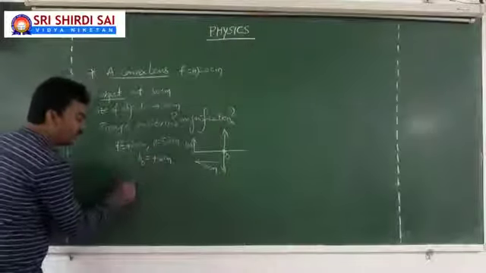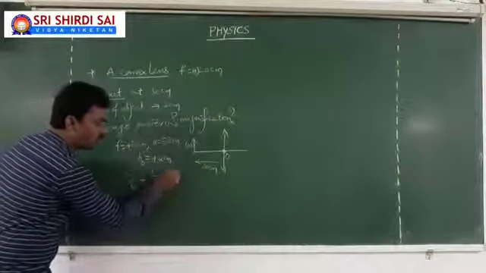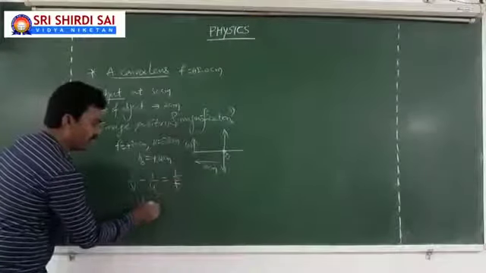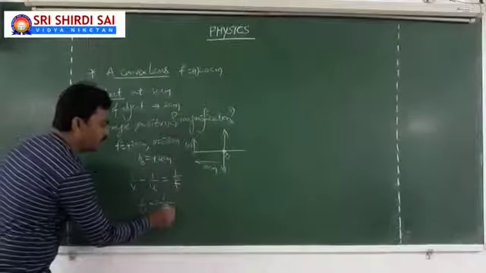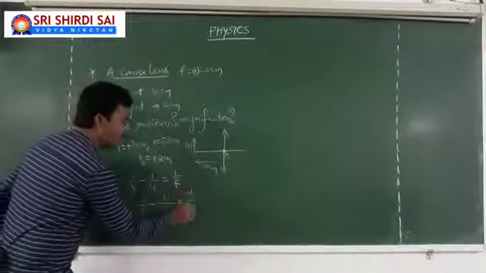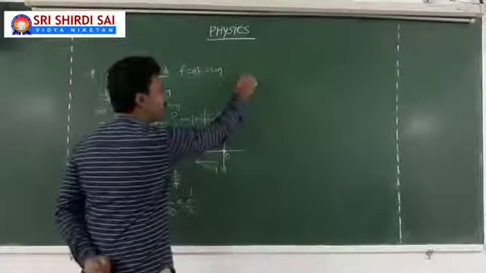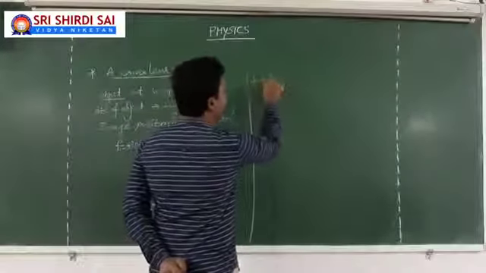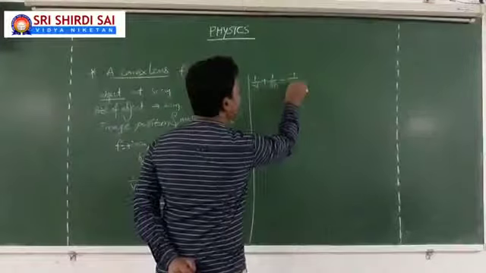Now the basic formula, 1 by v minus 1 by u equal to 1 by f. Substitute. Then the calculation is 1 by v plus 1 by 30 equal to 1 by 20.